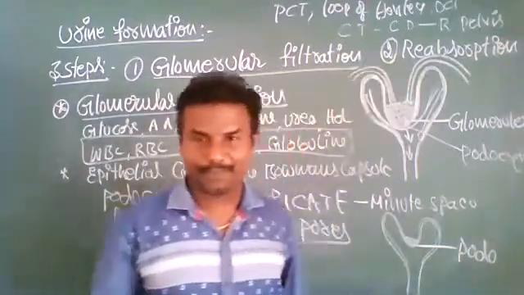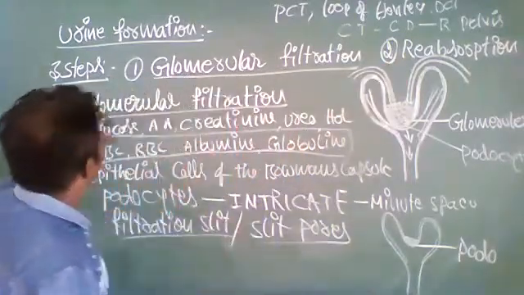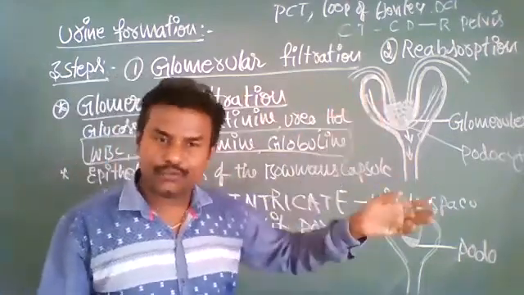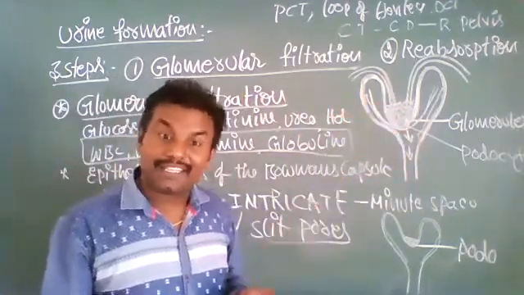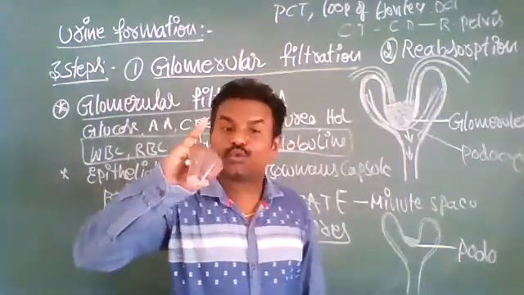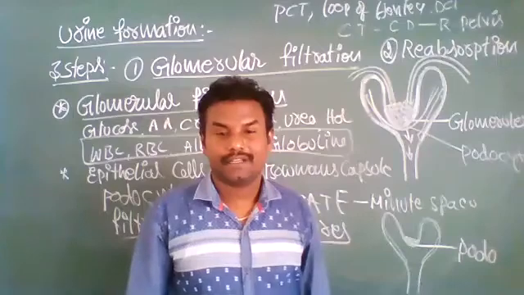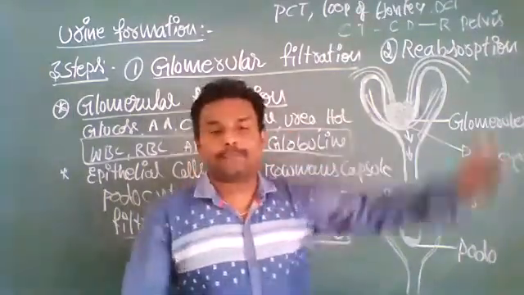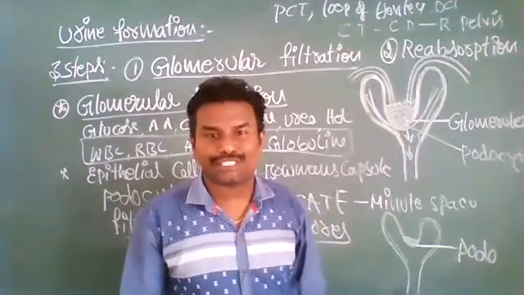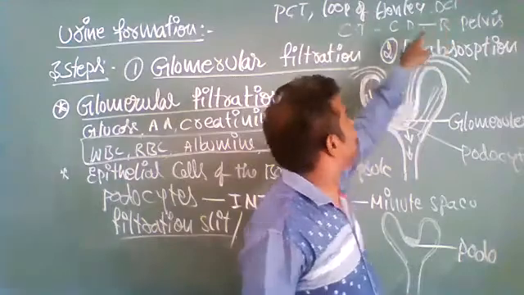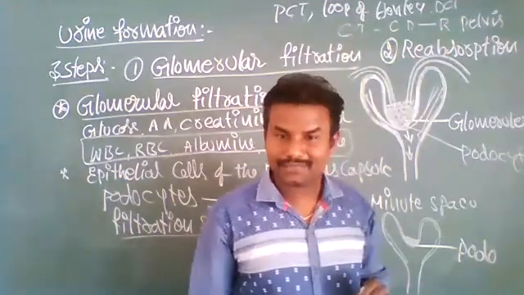How much glucose, amino acids, sodium ions, potassium, and some other ions are filtered here are not all eliminated through urine. Some amount of the filtrate is reabsorbed in the renal tubules, such as the proximal convoluted tubule, loop of Henle, distal convoluted tubule, and collecting tubules.